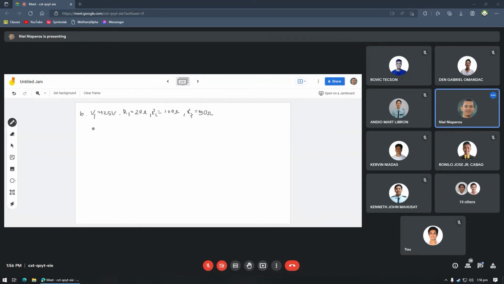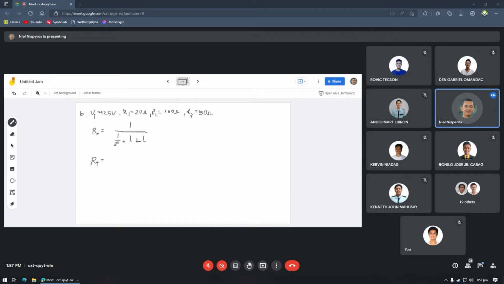So R total is equal to 1 over 1 over R1 plus 1 over R2 plus 1 over R3. Or shall we say, substitute.